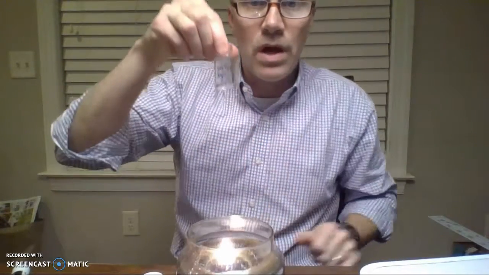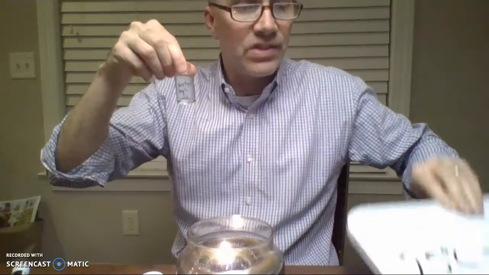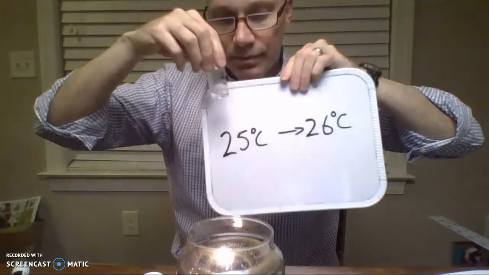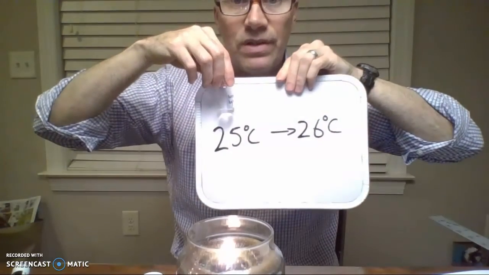I have about 1 gram of water right there, and I'm just doing this to make the definition simple. So this is 1 gram of water, and it's currently at about 25 degrees Celsius.